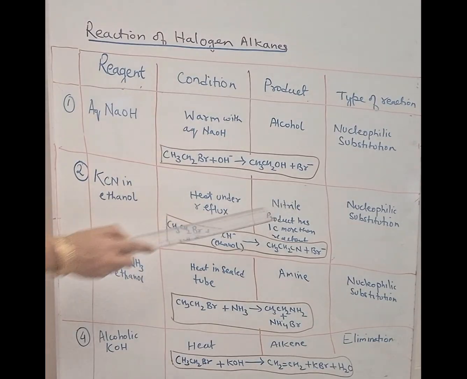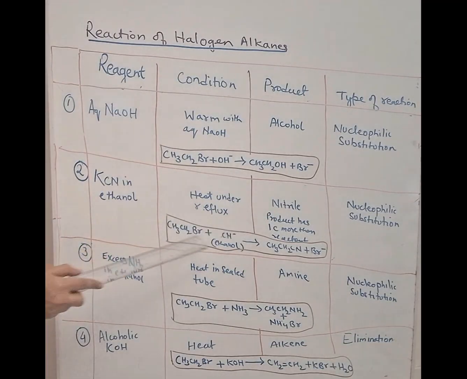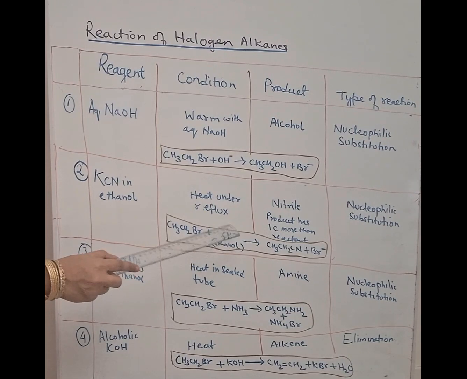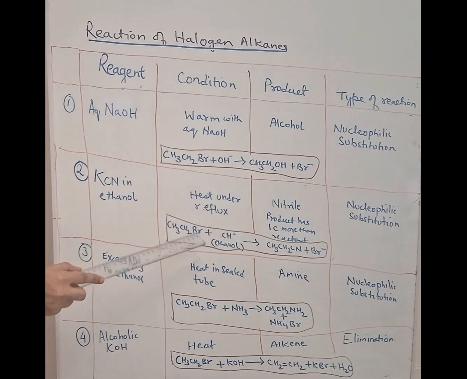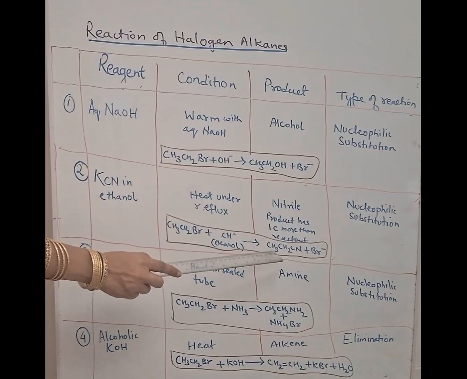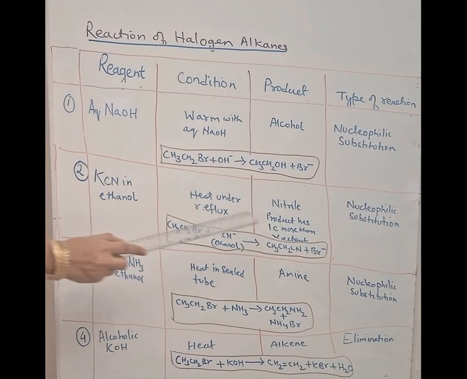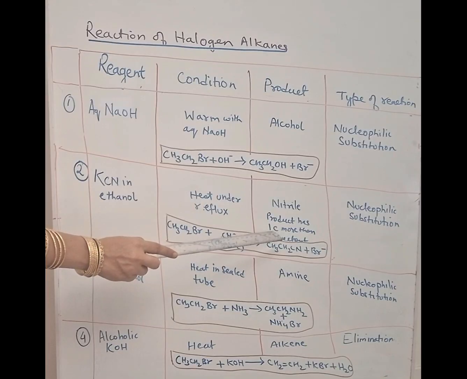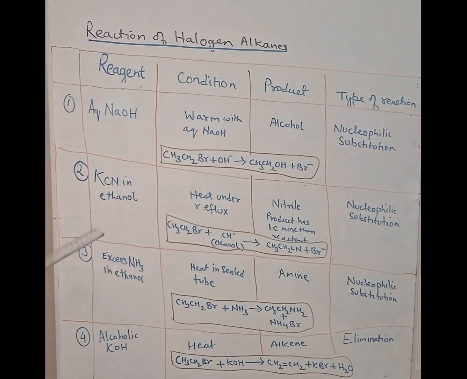The bromoethane, when it reacts with CN minus, here CN minus is a nucleophile, it will take the place of bromine and the product is propanenitrile. Here it is very important to understand that the product will have one carbon more than the reactant. So here the carbon number increases in the chain. Again, it is a nucleophilic substitution reaction.